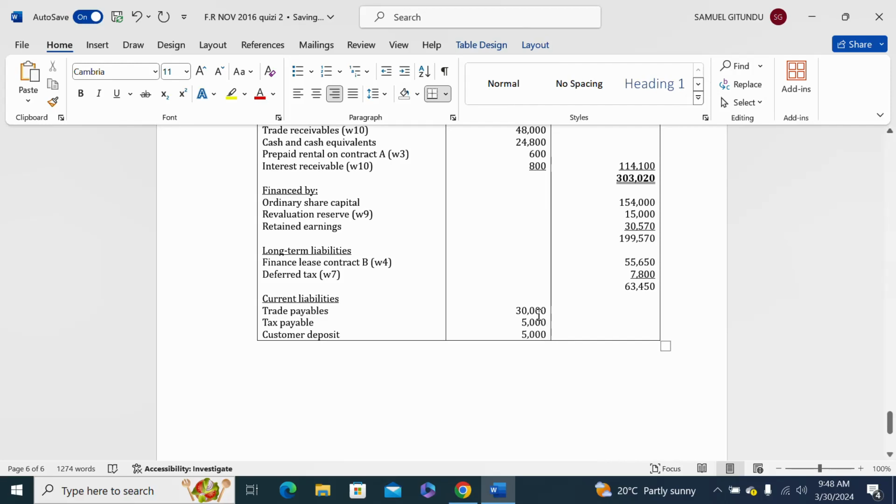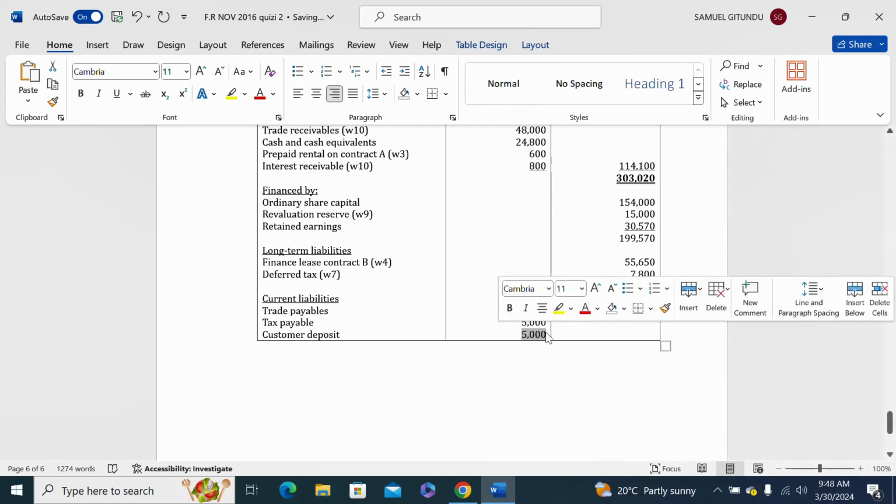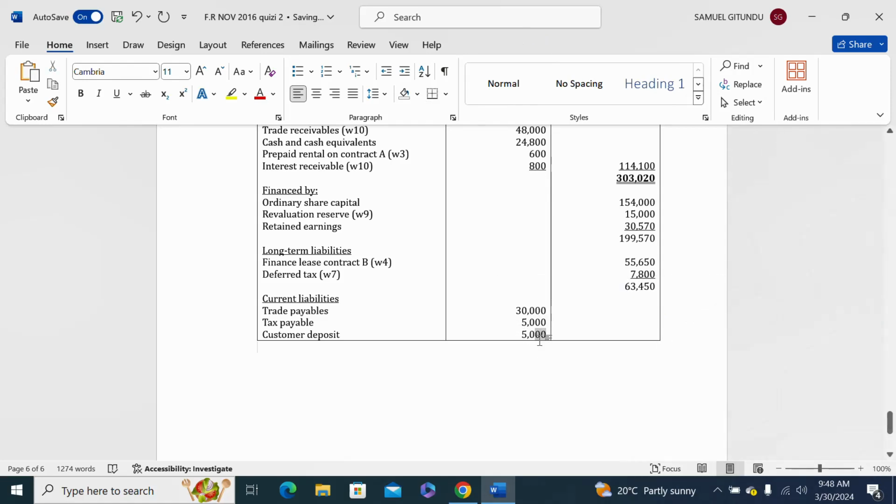If we add these, we are getting the total of current liabilities as 40 million.